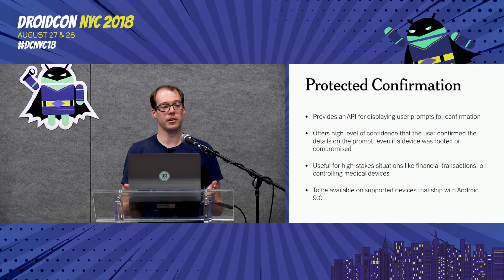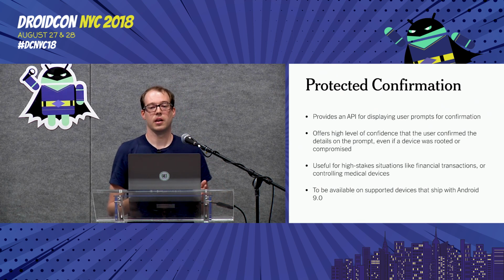So maybe you want to control your insulin pump using Bluetooth. But what you don't want to have happen is somebody rooting your phone and fooling your insulin pump software into telling you that you're going to inject 5 units, but actually having to inject 500 units and kill you.